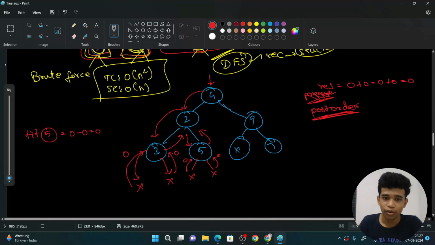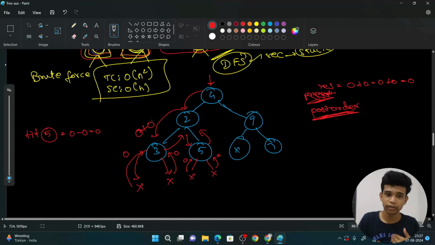Now, for this 3, what should it return? So, I can say from this 3, it returns the sum of the left subtree and the right subtree, and take myself, because I am also included in your left subtree, right? For this 2, this whole thing is a left subtree, right? So, my left subtree is 0.